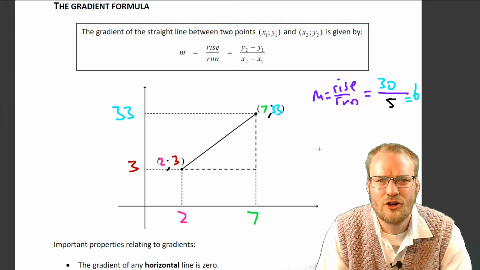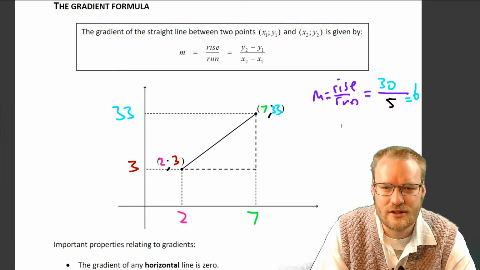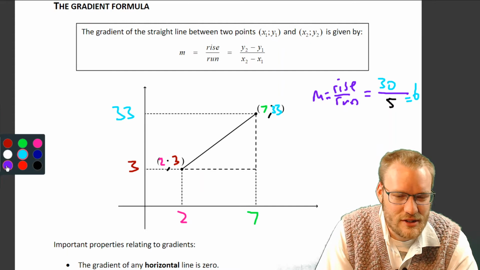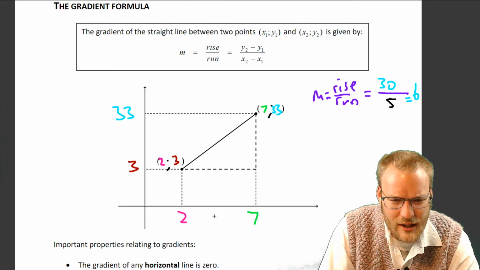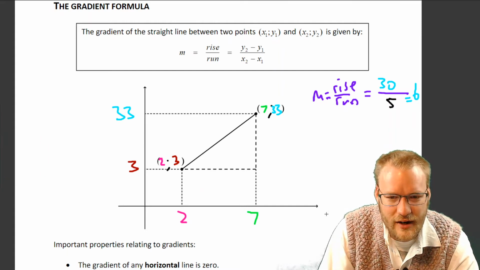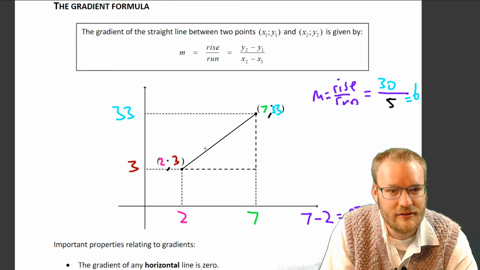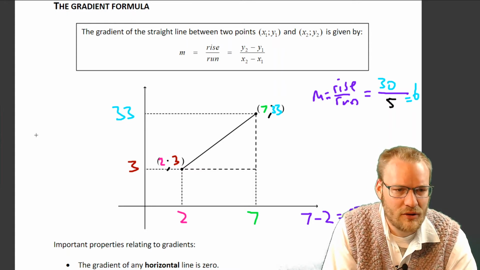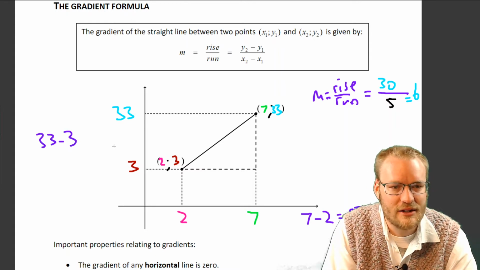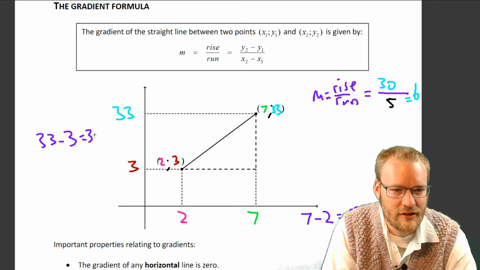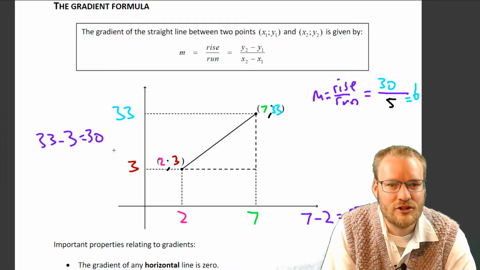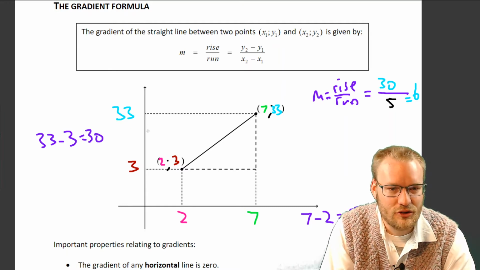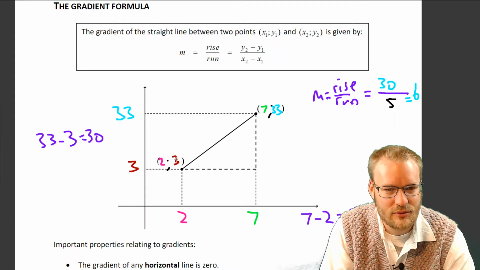But because the problems are going to get a bit more complicated, we're just going to put this step in between to say, well, how do we know that this distance was 5? We said that it was 7 minus 2 to give us the 5. How do we know this distance here is 30? We said 33 minus 3 to give us our 30. So in other words, we said y2, this y value minus this y value.